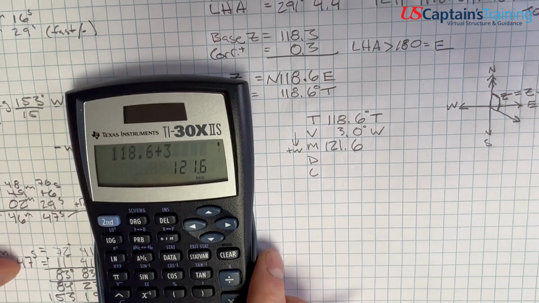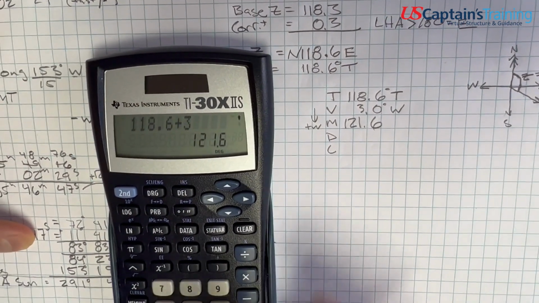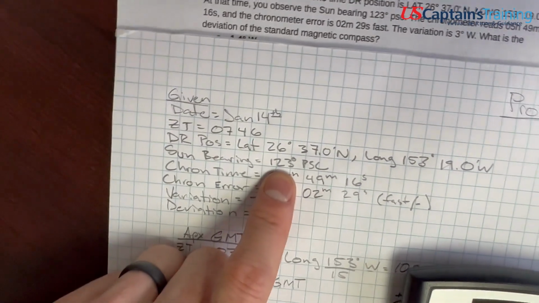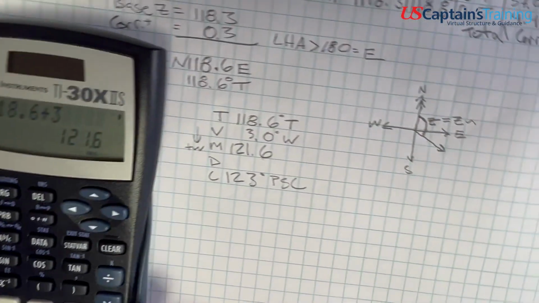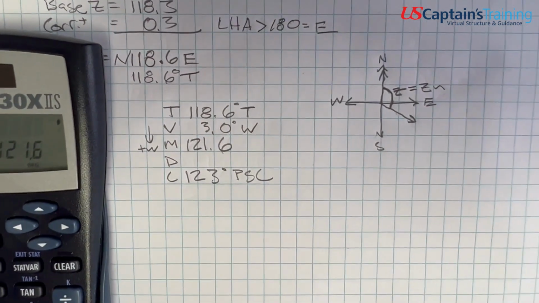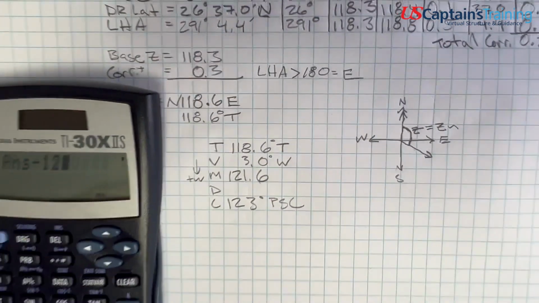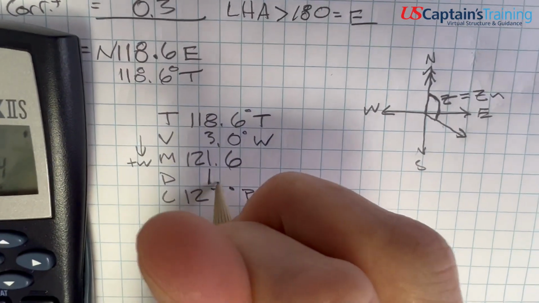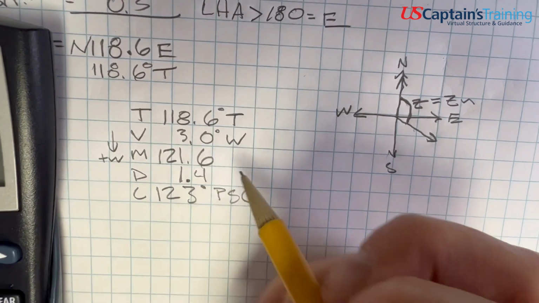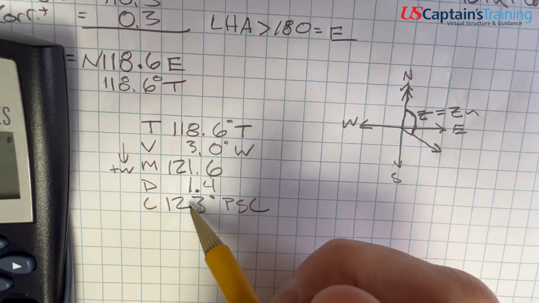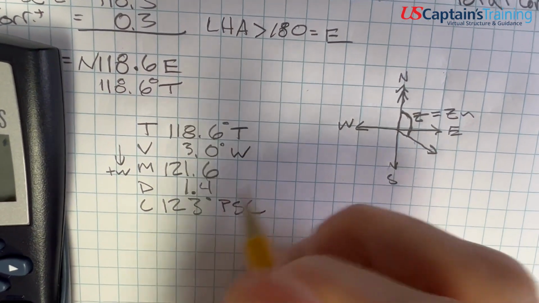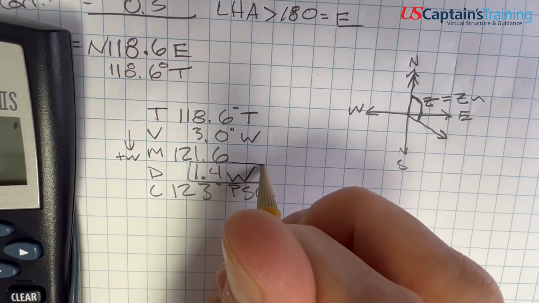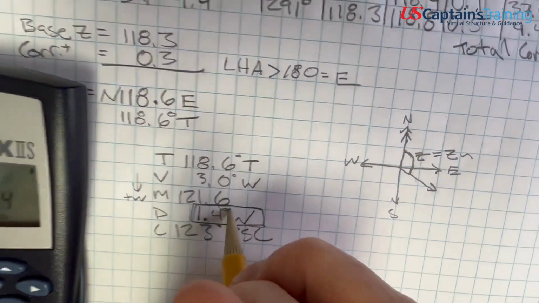And now we were given our compass over here, sun bearing 123 degrees PSC. So 121.6 and 123, the difference is 1.4. We need to know, is that east or west? 121 to 123, we need to add. So it's west. So with all of that, we got 1.4 degrees west.